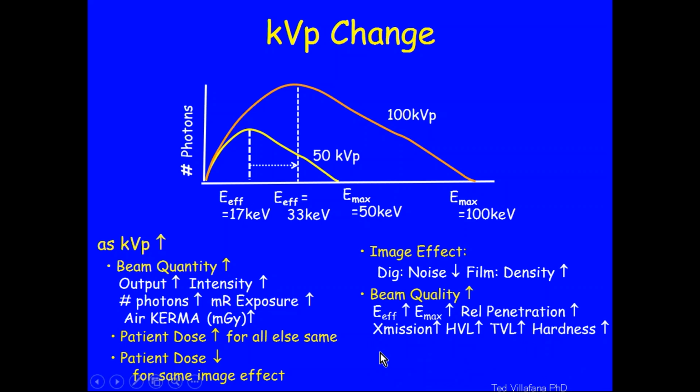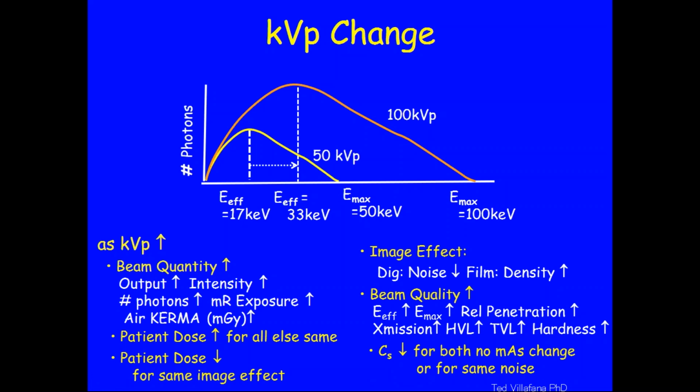So if you have a higher Emax, a higher E effective, that means more penetration, more transmission, larger half value layers and tenth value layers, and the beam is harder. And over here you see that on the yellow curve you had 17, but when you went to 100, 1/3 of 100 is 33, so you've gone up in both Emax and E effective.